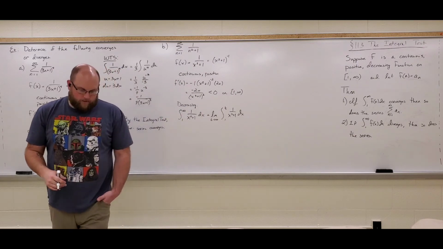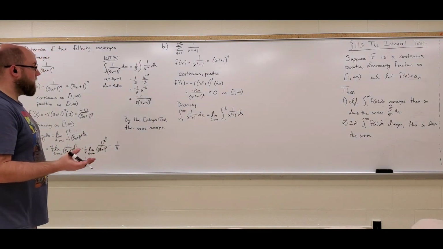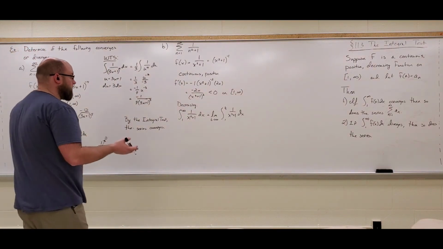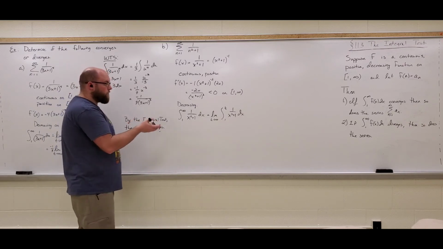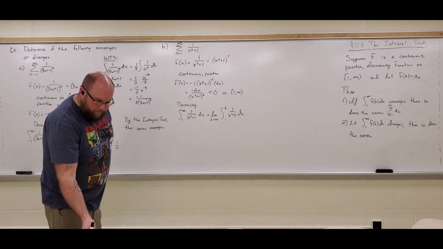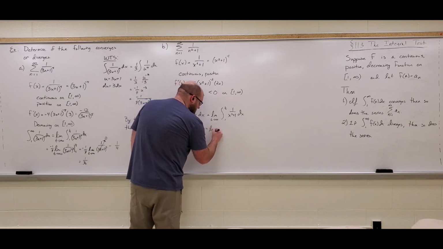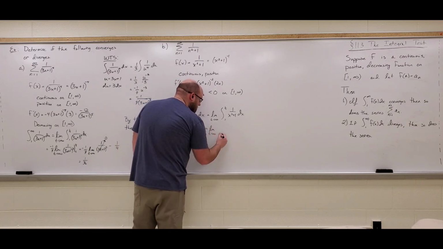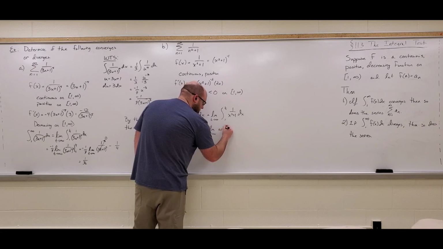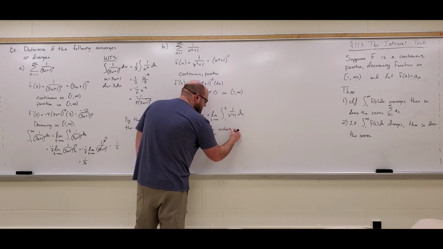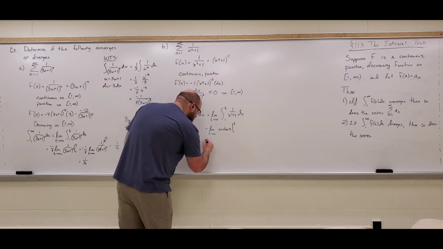Well, does this guy look familiar? Yes, it should. This is arctangent of x. So I get the limit as t approaches infinity of arctangent of x, evaluated from 1 to t.